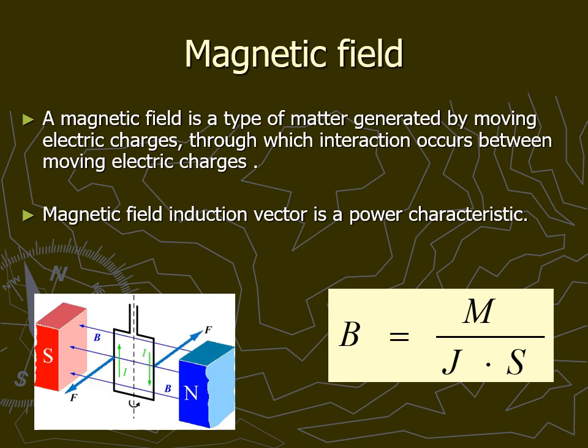The power characteristic in this case is the vector of magnetic induction, which can be calculated as the magnetic moment divided by the strength of the current that flows through the frame with the current. We have shown here a frame with a current and the area of this frame. This characteristic is also a vector and is measured in Tesla.